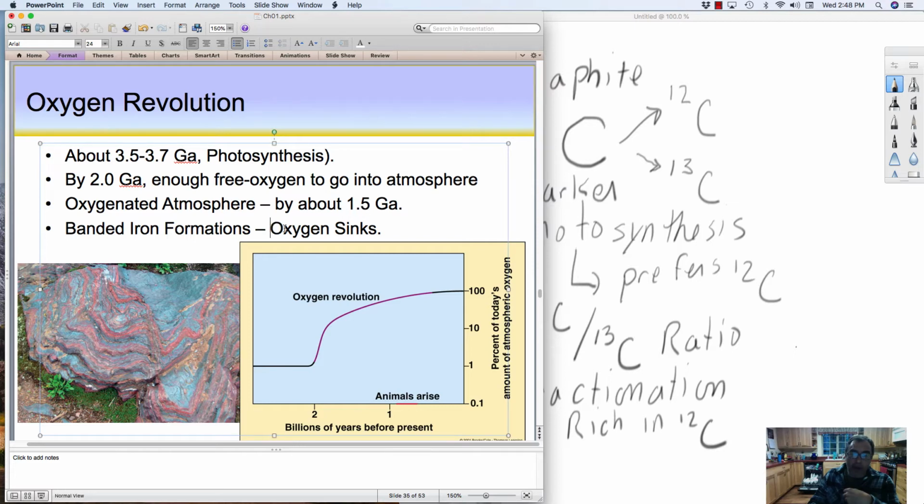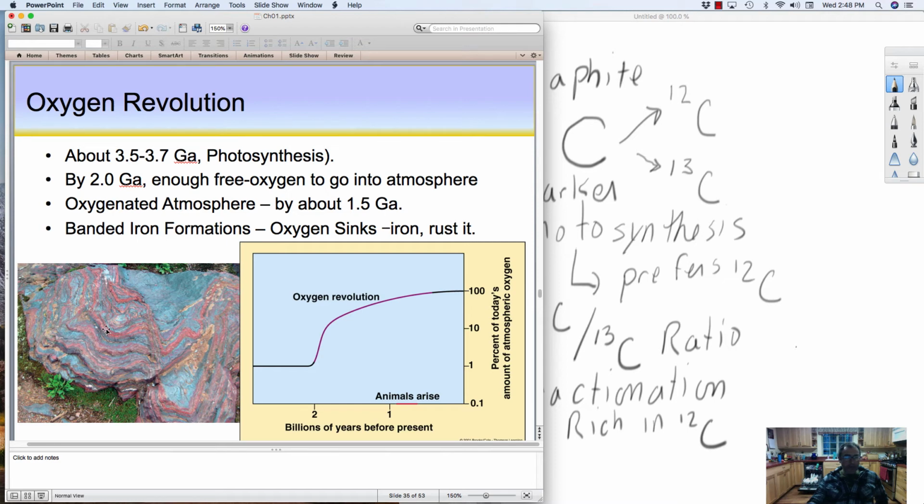So we call those oxygen sinks. And that oxygen sink is really iron. So we have to rust all that iron. And so we have these deposits all over the world, especially here in North America, up in Minnesota, Wisconsin. We see these banded iron formations, right?